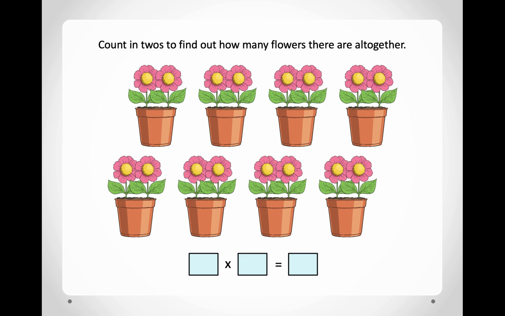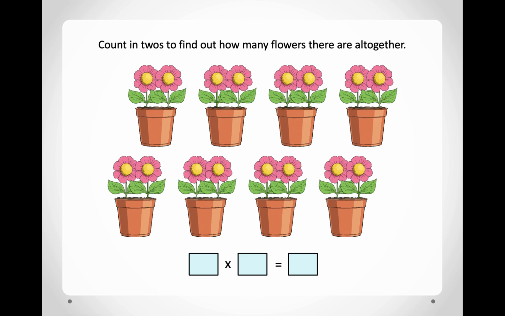Now let us count in twos to find out how many flowers there are all together. We can count 2, 4, 6, 8, 10, 12, 14, 16. So there are 16 flowers altogether.